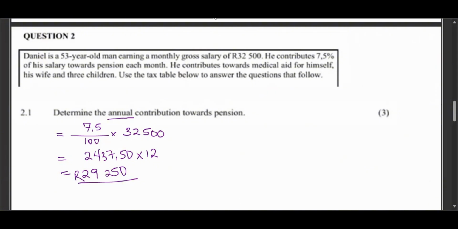Okay. Someone else would have done it this way, but it's fine also: 0.075 times 32,500 times 12. This one gives you the same answer also.